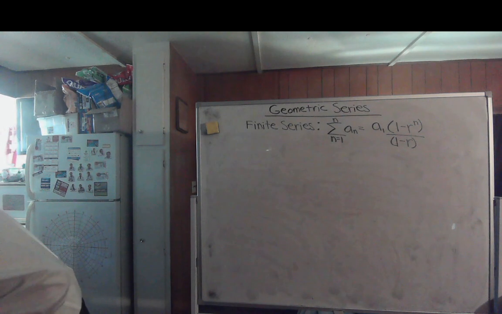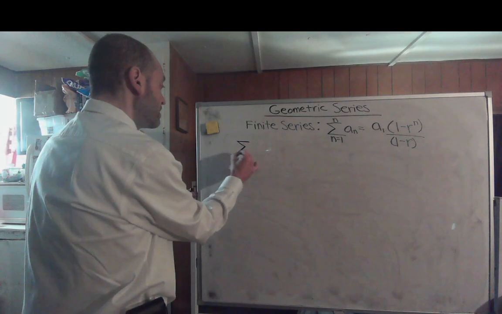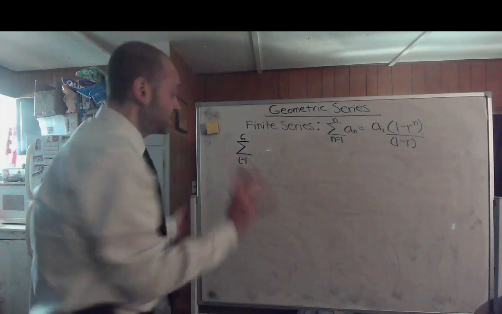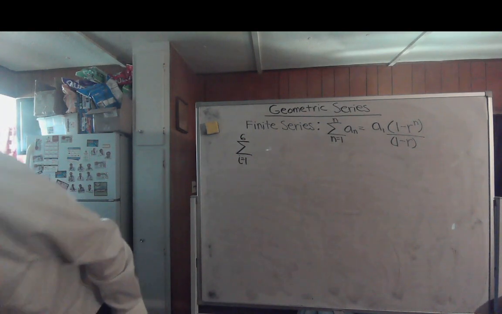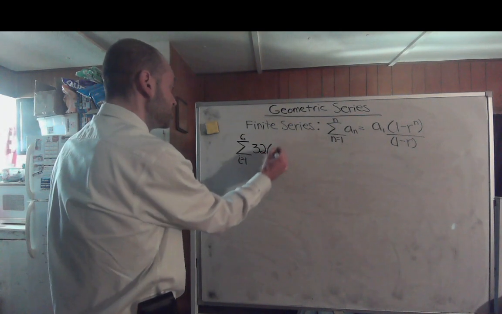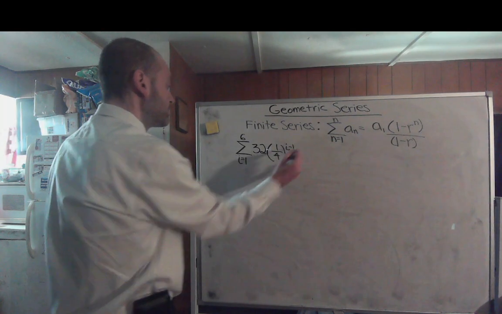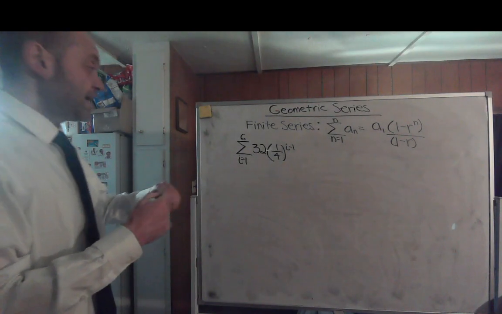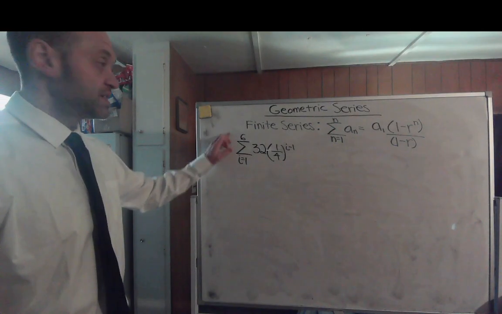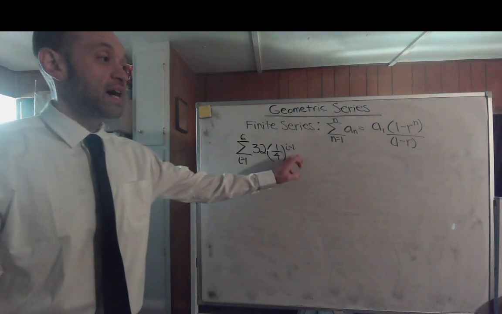Now, let's see here. We have the sum from i equals 1 to 6 of 32 times 1/4 to the i minus 1. So we have another geometric series here from i equals 1 to 6 of 32 times 1/4 to the i minus 1.